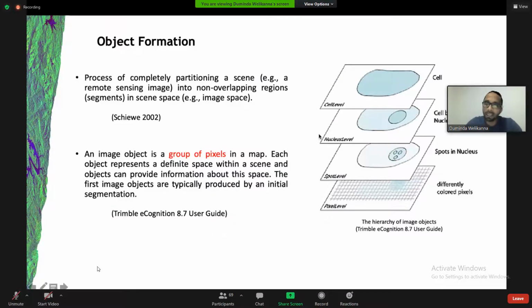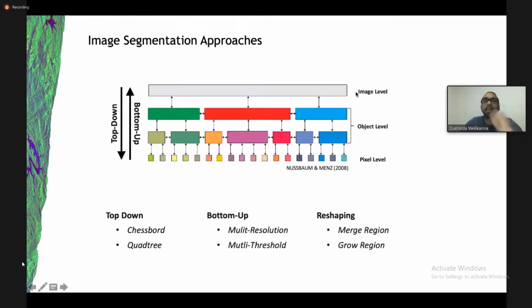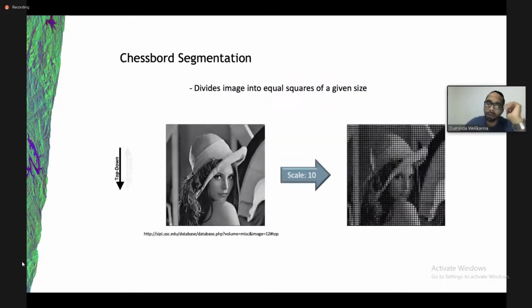So basically, you can divide the image into non-overlapping objects, right? There are different ways of doing this segmentation technique at image level, at object level, and pixel level. Top-down and bottom-up approaches are there. So you can see the top-down approach.